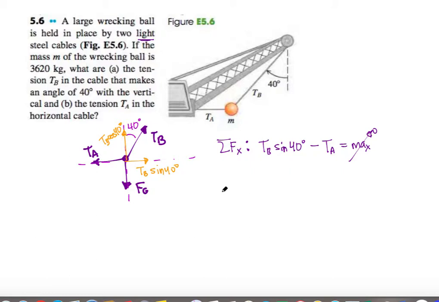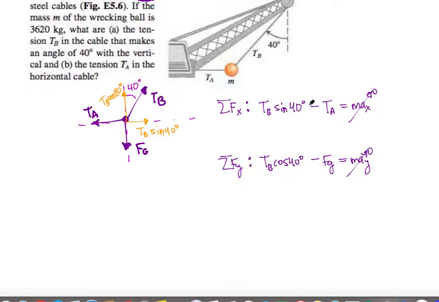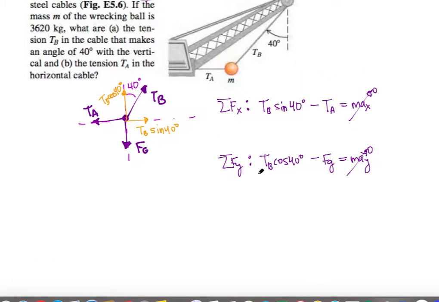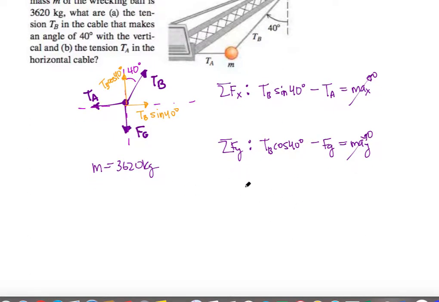In the y direction, I have TB cosine 40 minus FG, which is equal to MA in the y direction, which is also 0, as we're just sitting here. So I have a couple things that I can do. Firstly, I want to find tension B. Since I know M as 3620 kilograms, I can use my y equation and just solve for tension B.